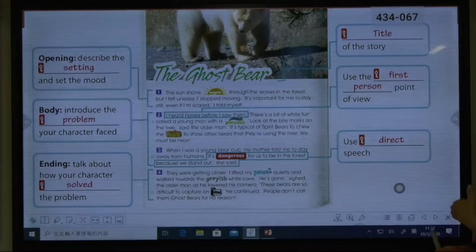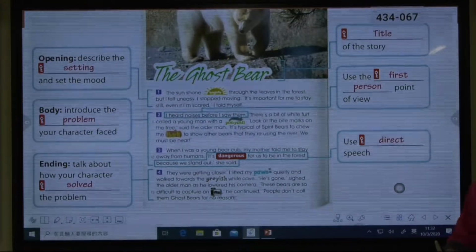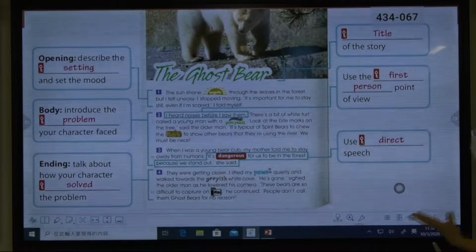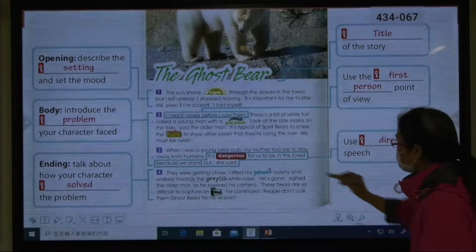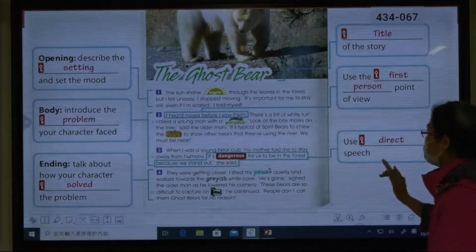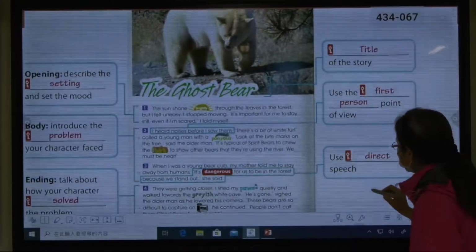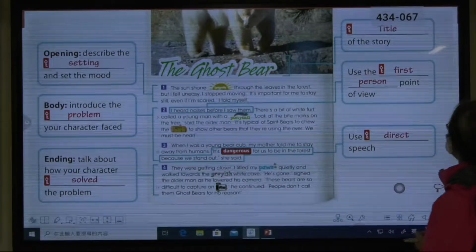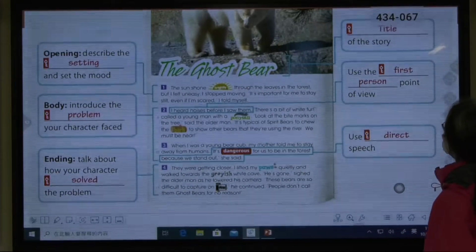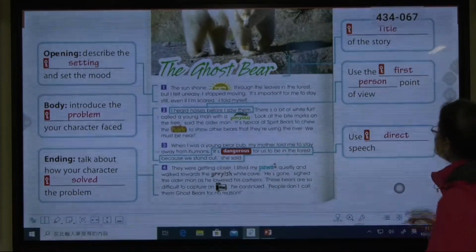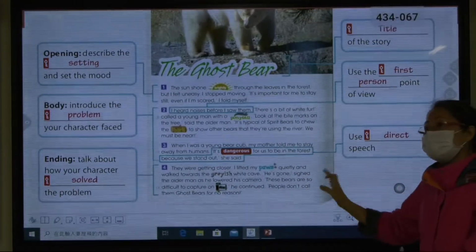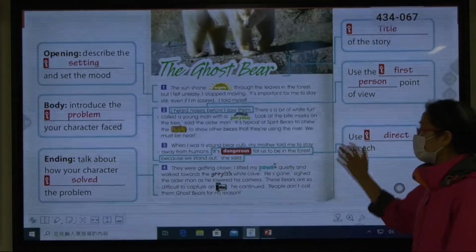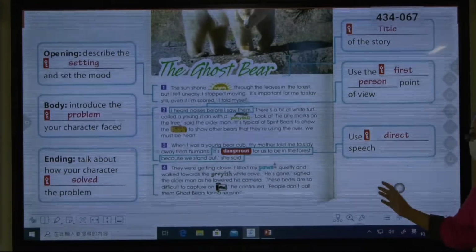Instead of saying the ghost bear, we say I. And remember, the last thing, in a story, we use past tenses to write a story.